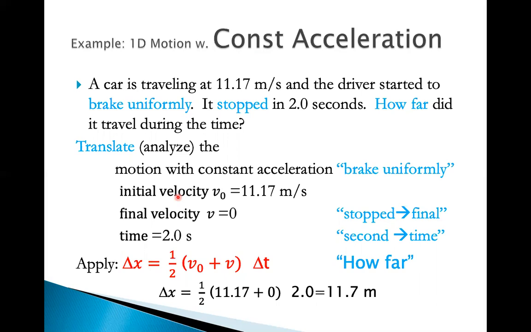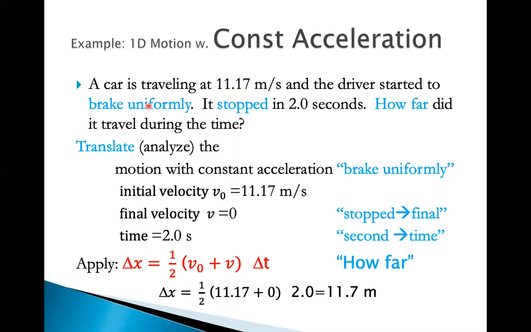and read. When you read, you gradually pick out this information and match it with the models you know. A car is traveling at 11.17 meters per second, so that's a velocity, right? Brake uniformly means changing the velocity uniformly.